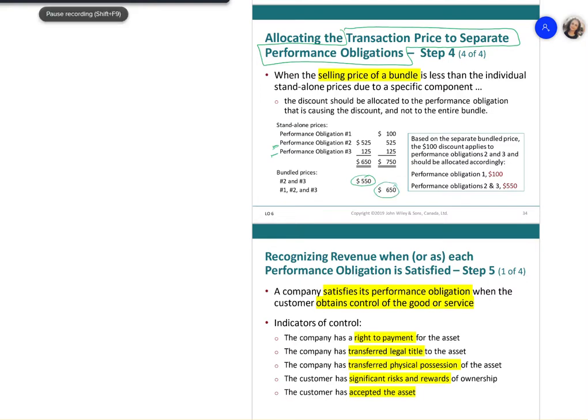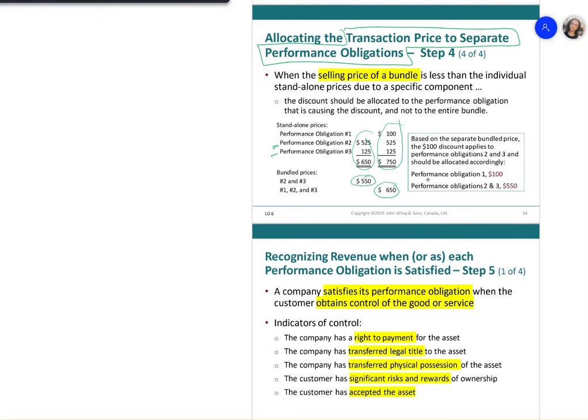So based on the separate bundle prices, there's a difference. If they get all 3, they'll get it for $650. If they get just those 2, they'll get it for $550. So the discount difference is $100. This difference in the discount applies to performance obligations 2 and 3 and should be allocated accordingly.